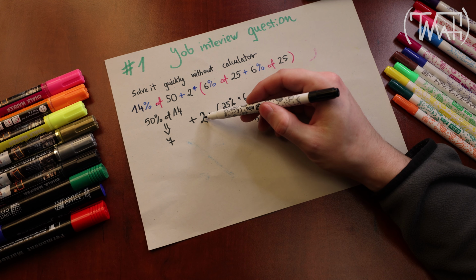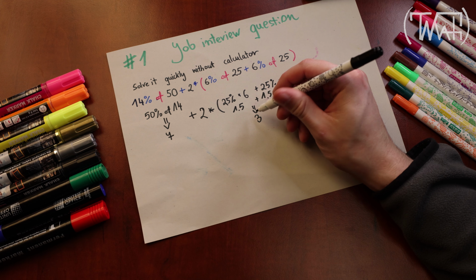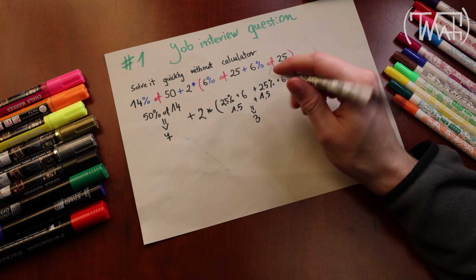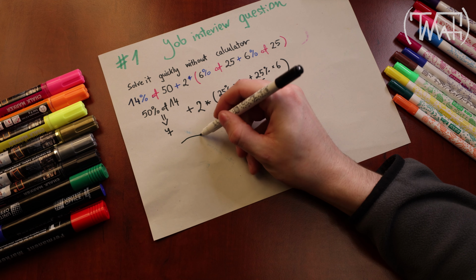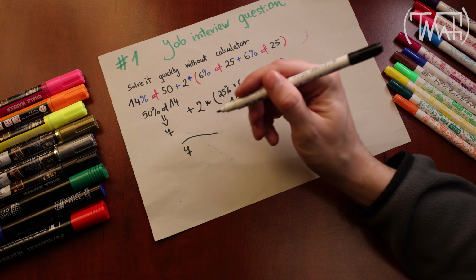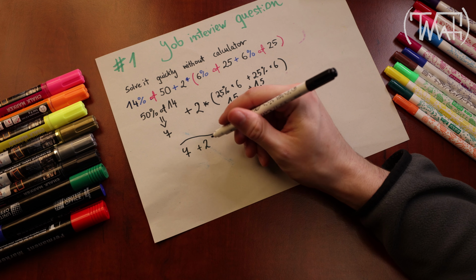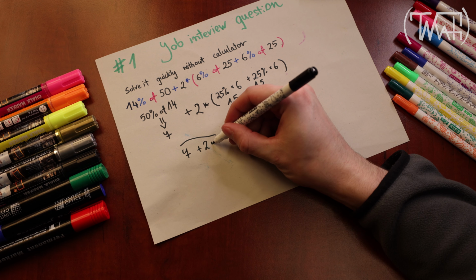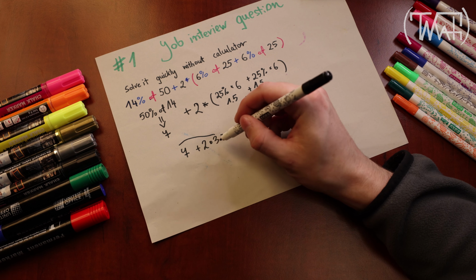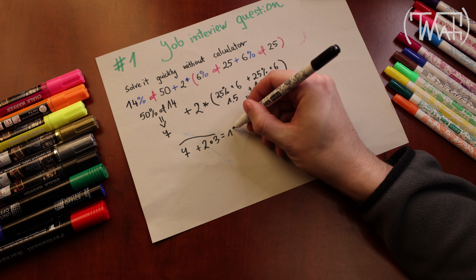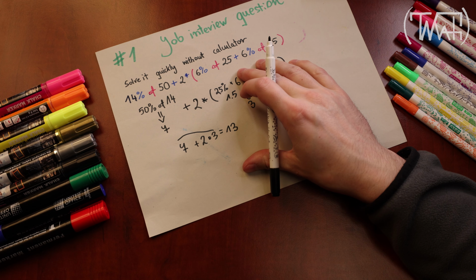And now you have 2 multiplied by 3 and it is 6. So 7 plus 2 multiplied by 3 means it's 7 plus 6, which is 13, right?